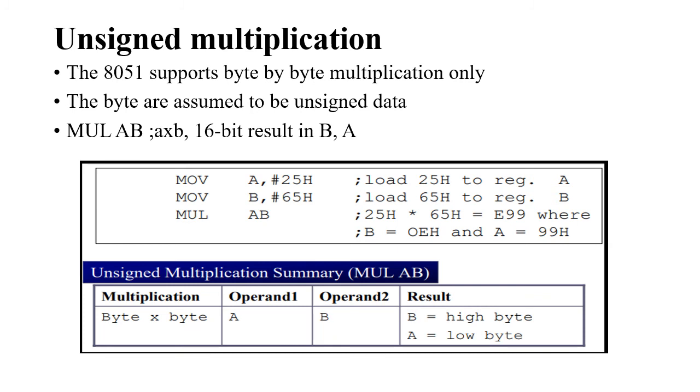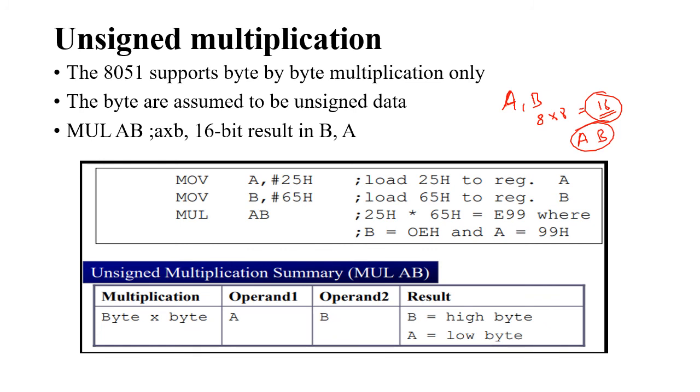The registers that we use in case of multiplication are A and B. When you multiply an 8-bit number by an 8-bit number, the result may be 16 bits. So the results are stored in the A and B registers.